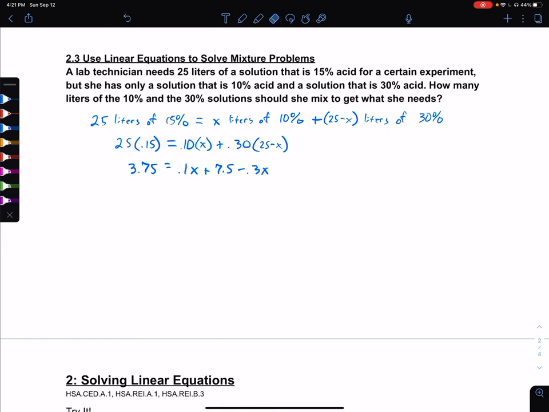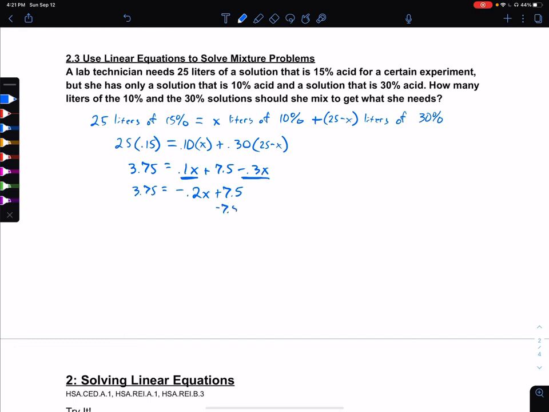So let's combine our like terms. We have 3.75, 0.1x minus 0.3x. So I'm going to combine these two, and that would be negative 0.2x plus 7.5. And now we can start undoing operations and moving things around.